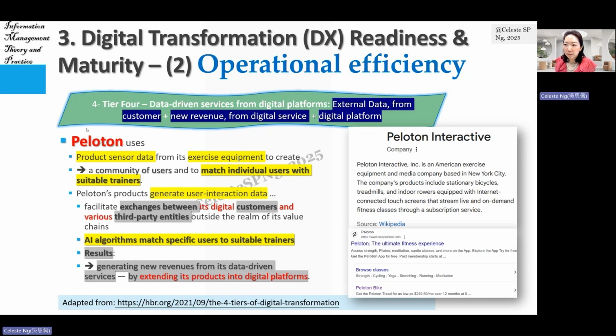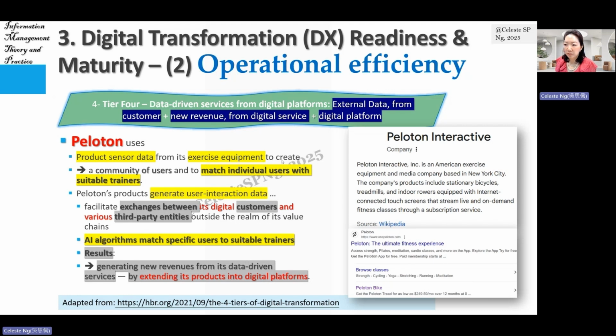So what it does is that similarly it has a sensor on its product, all right, on its exercise equipment. And through its exercise equipment, it is able to deliver various exercise programs in real time to its customer.